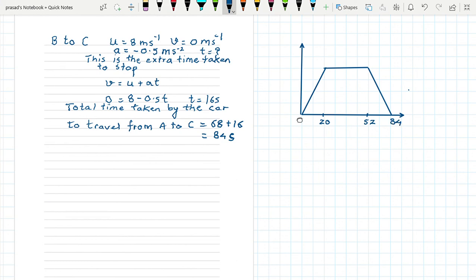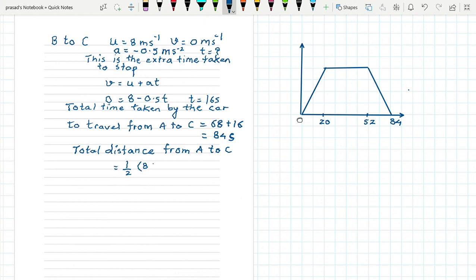So total distance traveled by the car from A to C will be the area of this trapezium, and that will be half into 84.